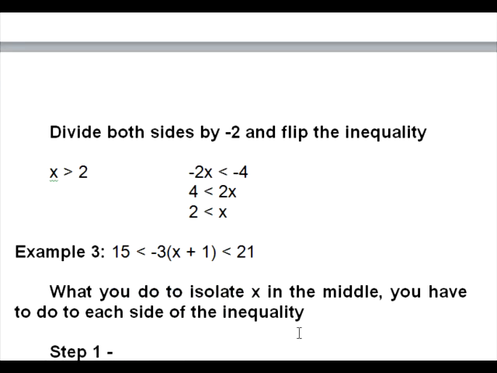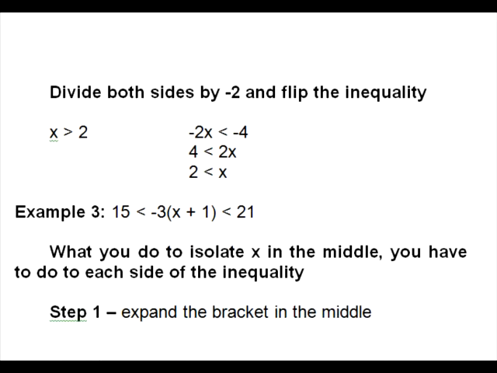Step 1 is going to be expand the bracket in the middle. What that's going to change to is 15 is less than negative 3x minus 3 is less than 21.